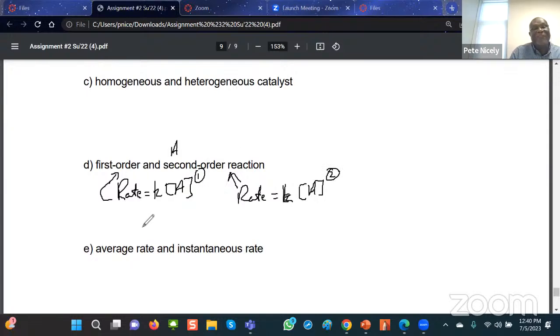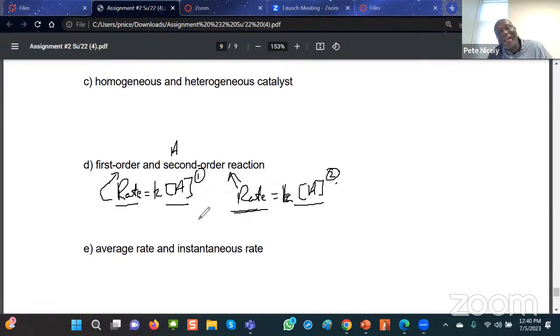So the difference between a first order and a second order reaction is that in the case of the first order, the rate is directly proportional to the concentration of the reactant A, whereas in the second order reaction, the rate is directly proportional to the concentration of A squared. All right? So that's the difference.